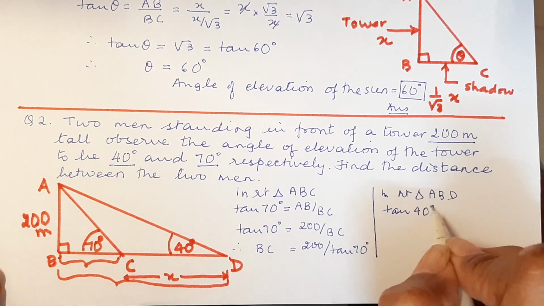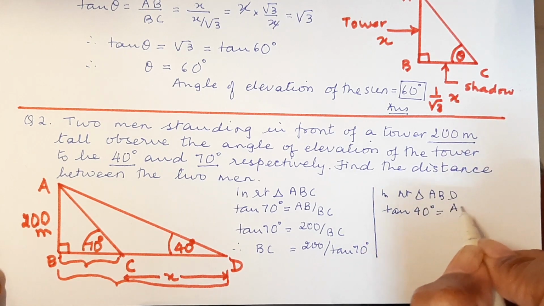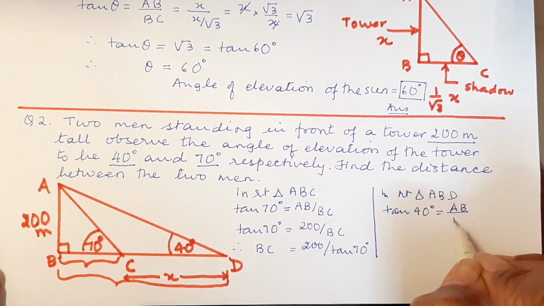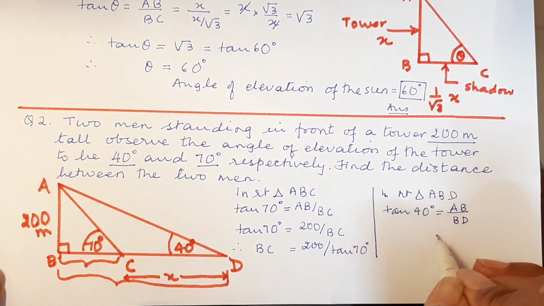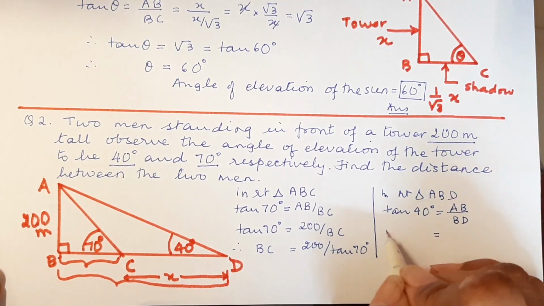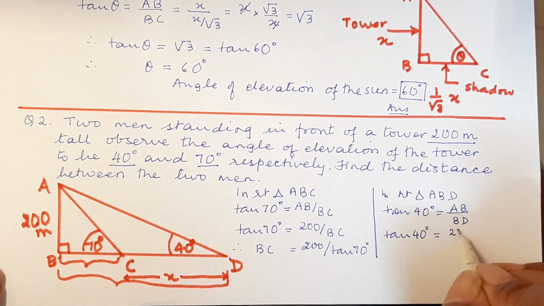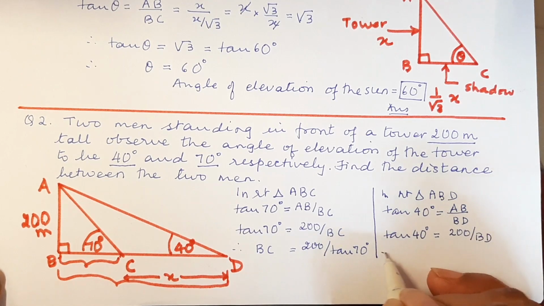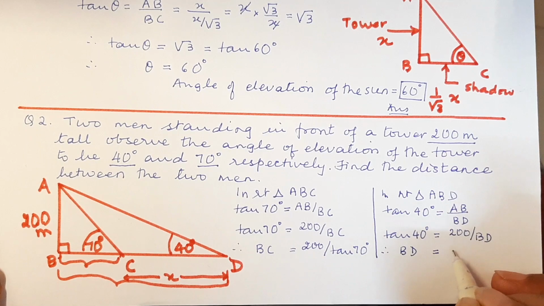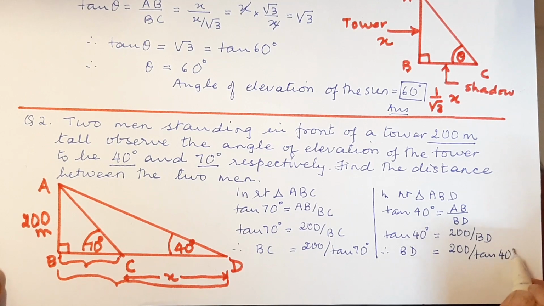Tan 40 degrees is equal to AB upon BD, which means tan 40 degrees is equal to 200 upon BD, and that gives us BD equal to 200 upon tan 40 degrees.